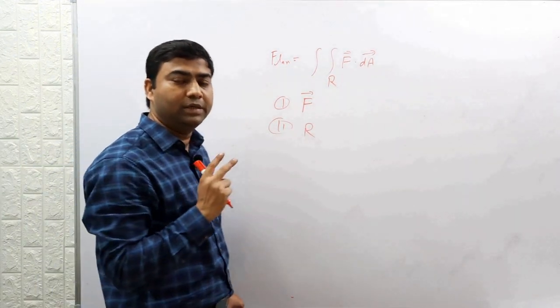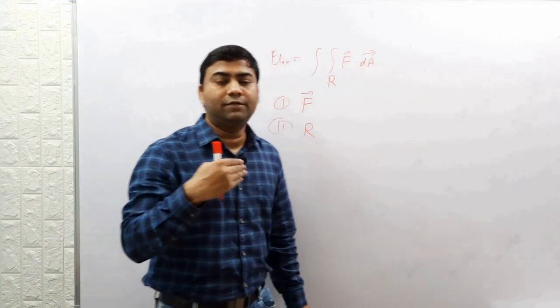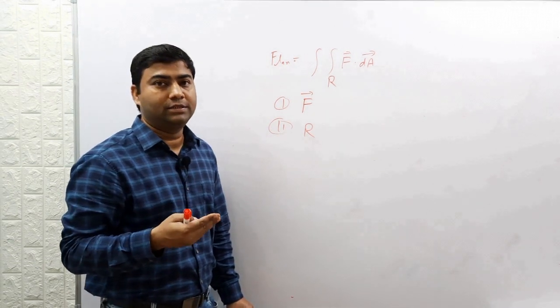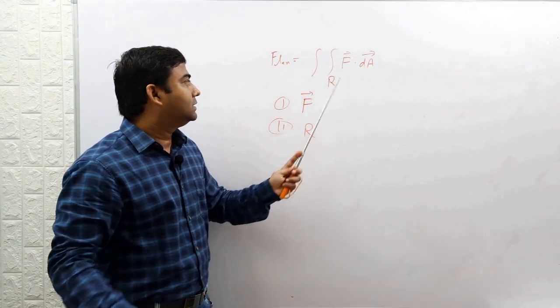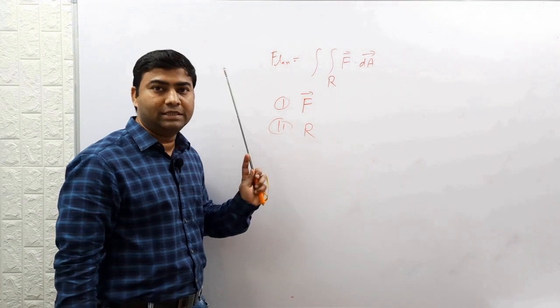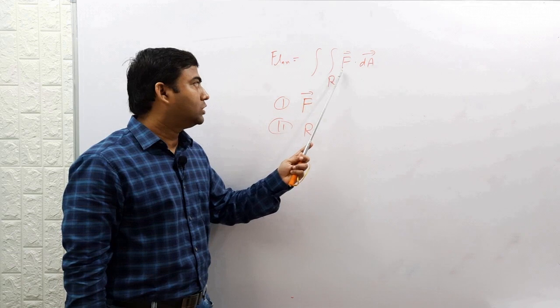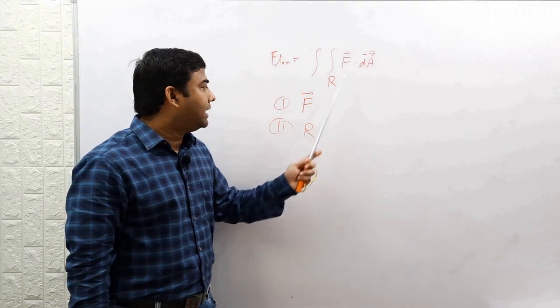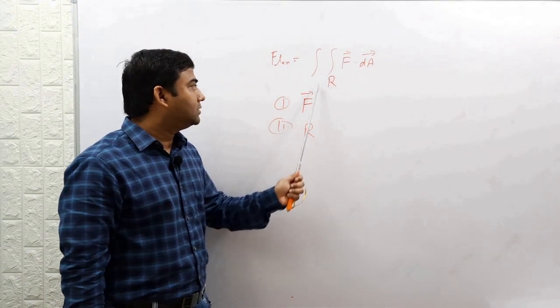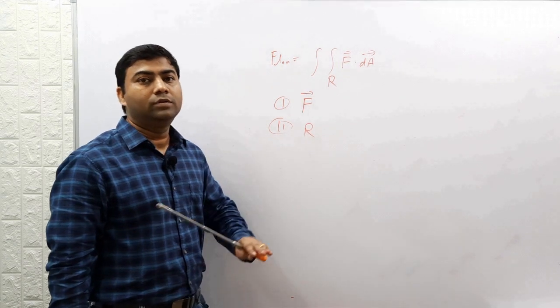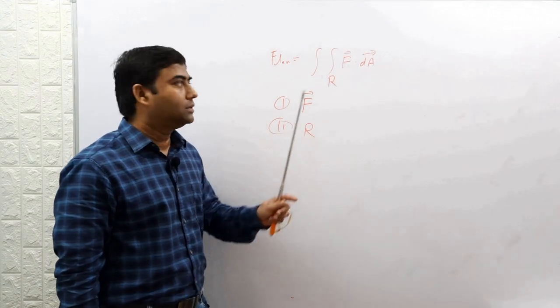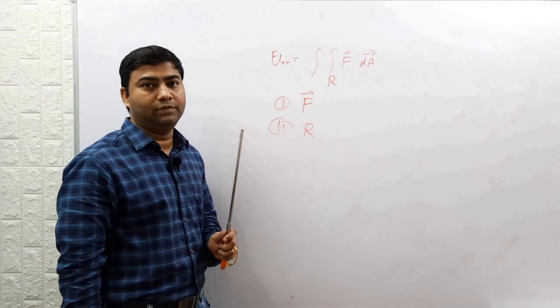Two equations will be given to find the flux through double integration. F, the equation of field which we discussed for the gravitational field, can be any field. The equation of field will be given, and the equation of the region through which you have to carry out the dot product to find the flux will also be given.